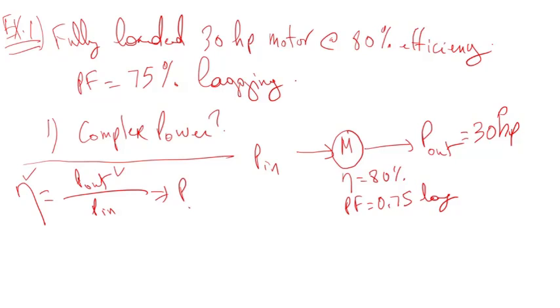So Pin, or the input power, is equal to Pout divided by efficiency. So Pin is equal to Pout, which is 30 horsepower, and I can do the conversion.